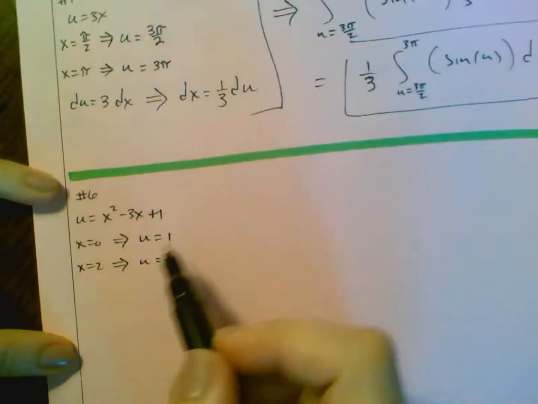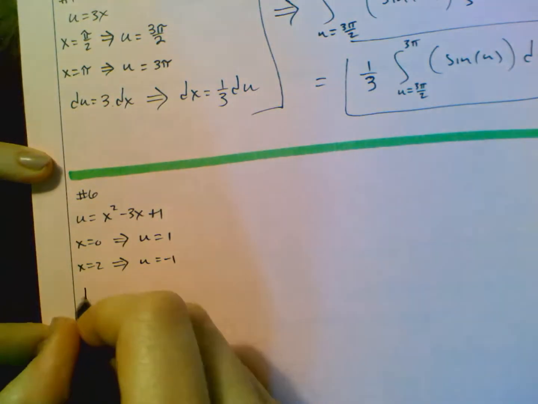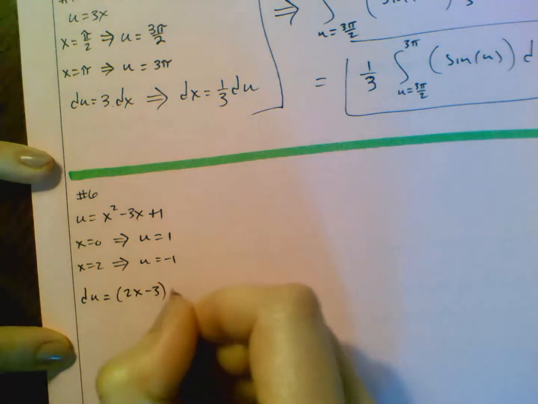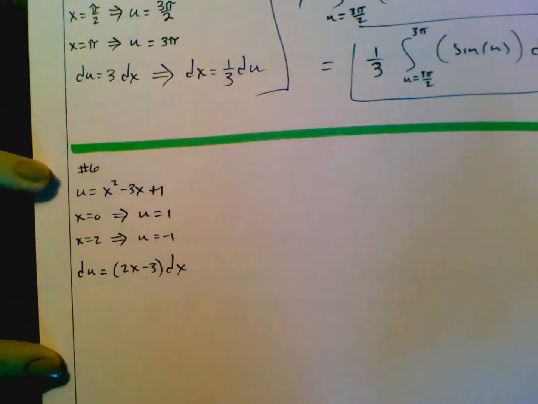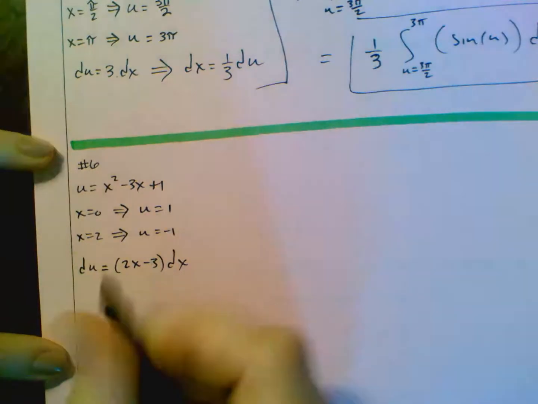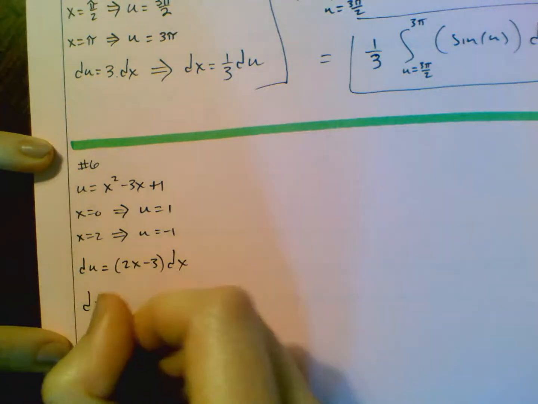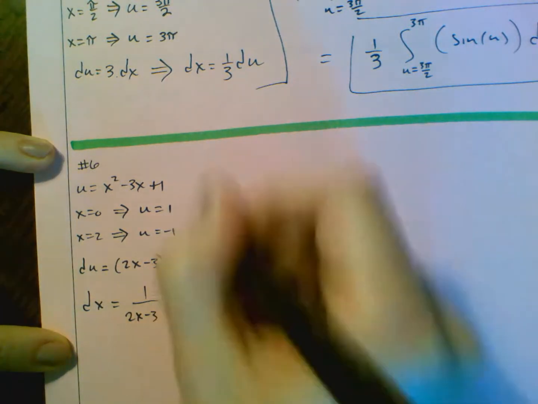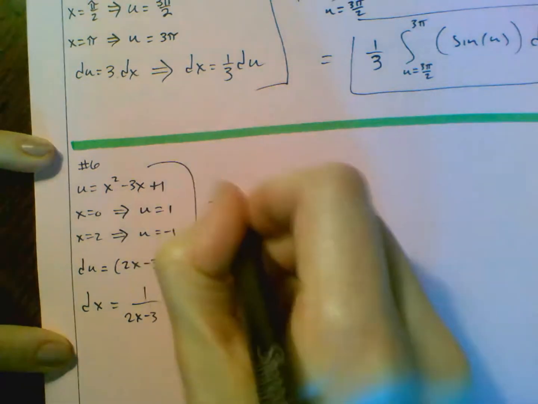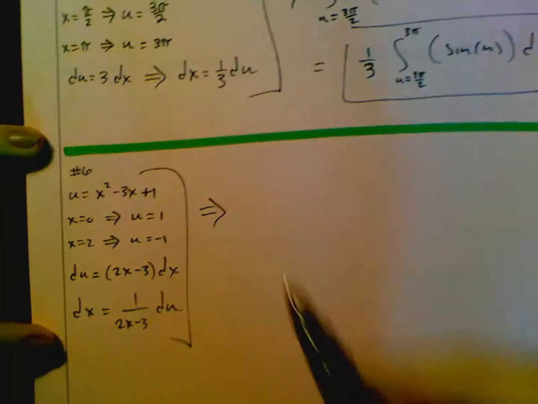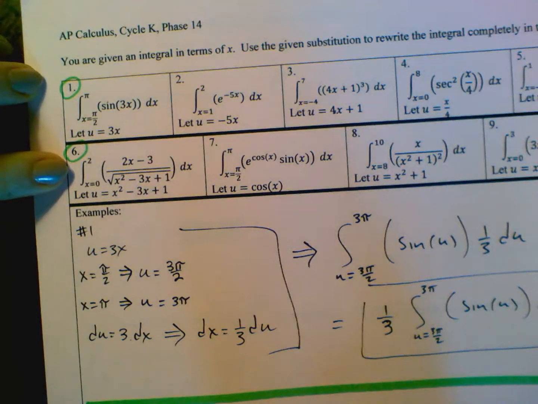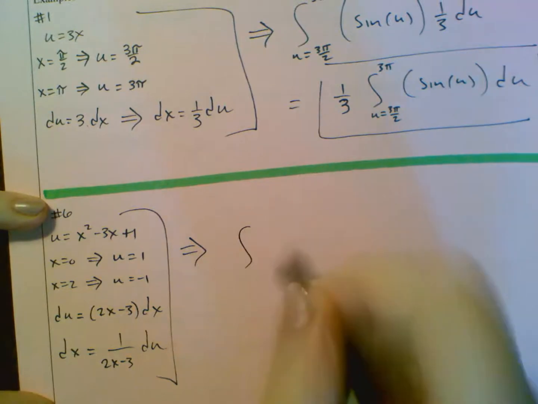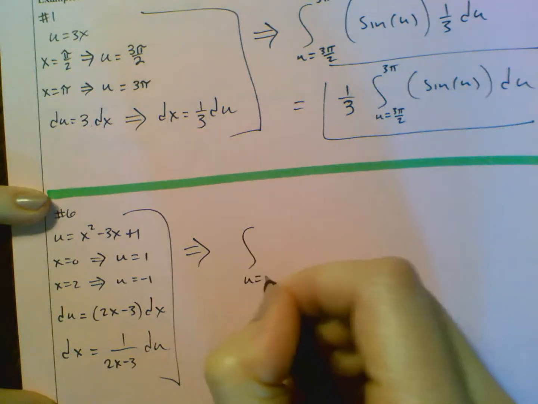Okay, and now I'll do du. So du is 2x minus 3 dx. Actually, I've got plenty of room. So then dx is 1 over 2x minus 3 du. All right, so I'm taking all of that information and doing the substitutions in this integral here. So instead of x being 0, we've got u equals 1.